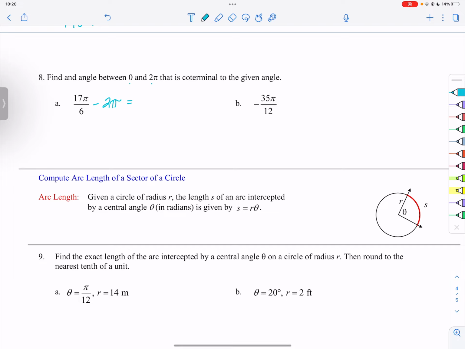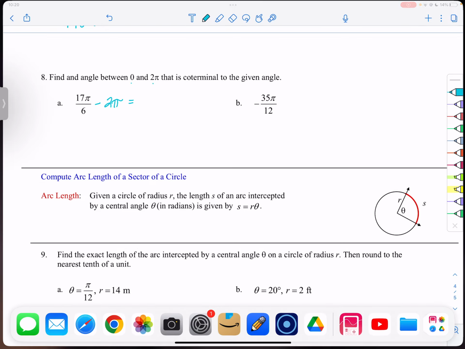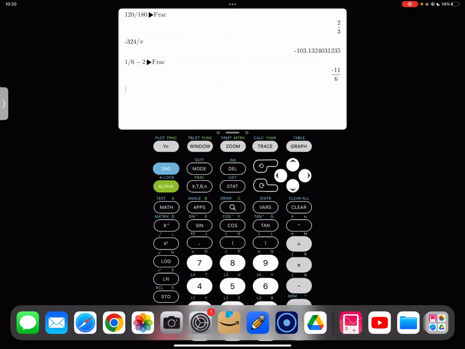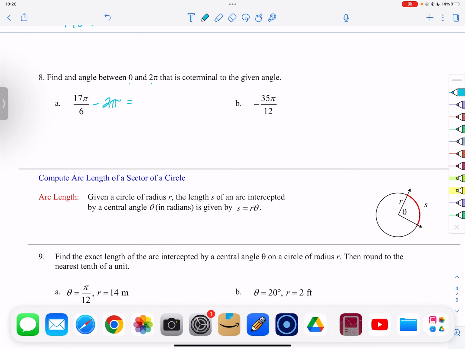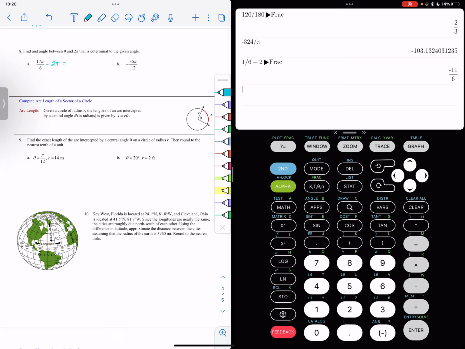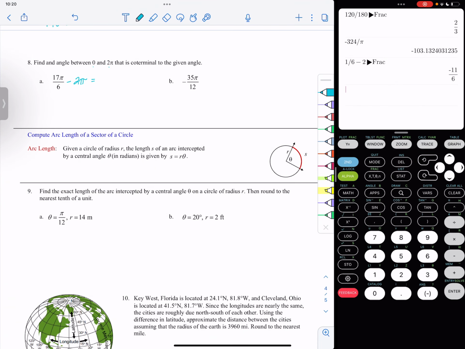On the calculator, 17 divided by 6 minus 2, we come up with 5/6. So we will have 5/6 pi. Okay?